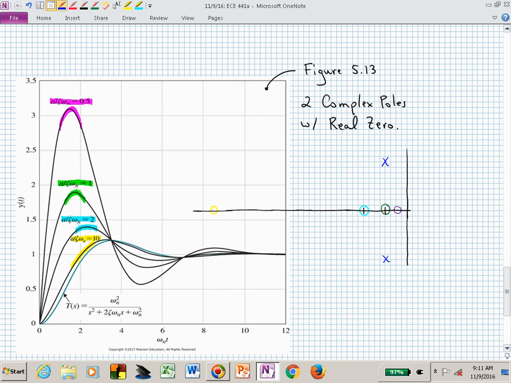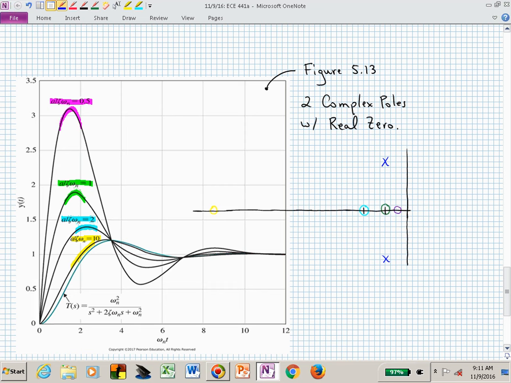But A is the location of your zero. We just have one zero, but I've shown four because we have four different colored responses. The pure two-pole system is the green curve, and you can see it has this 20% overshoot.